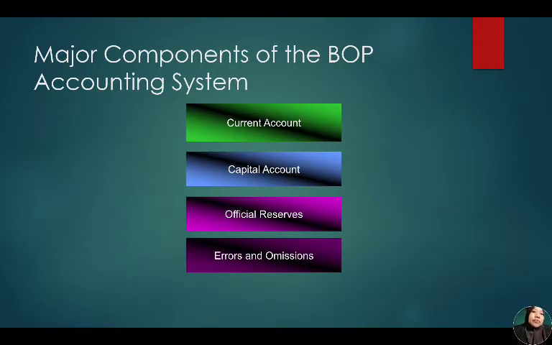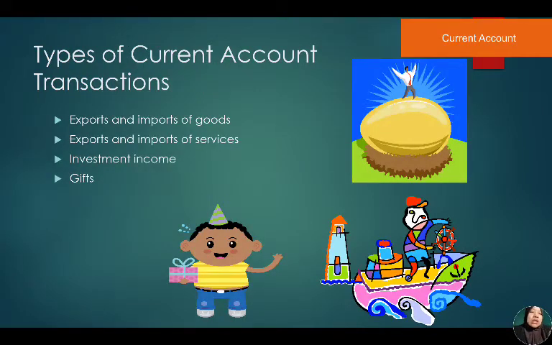The major components of the BOP are first the current account, second the capital account, third official reserves, and fourth errors and omissions. These are the four components in the BOP accounting system. We will see an example of the BOP later.